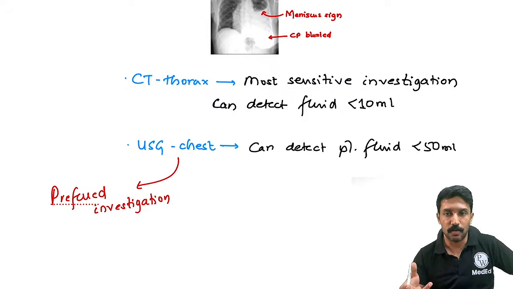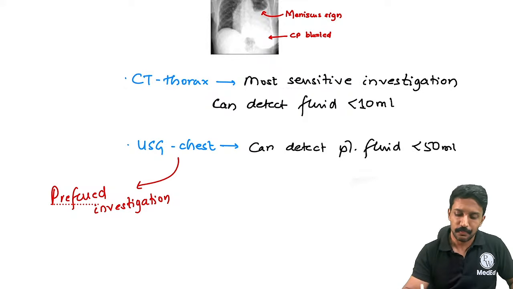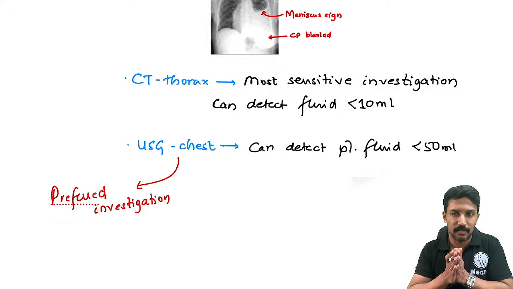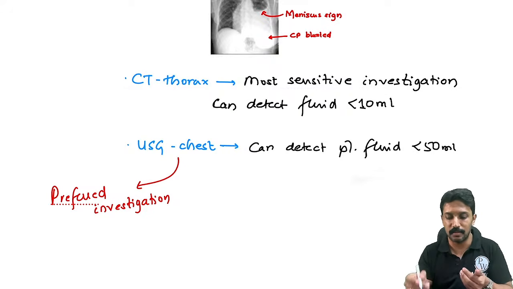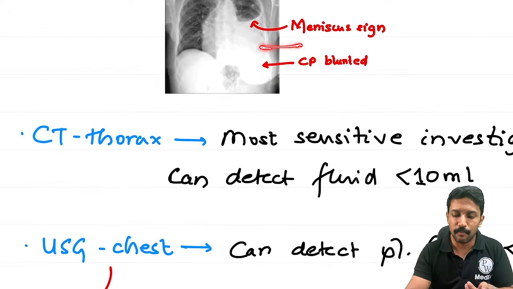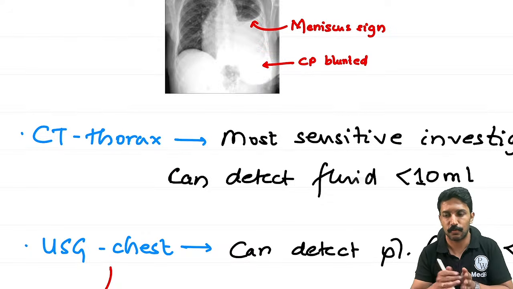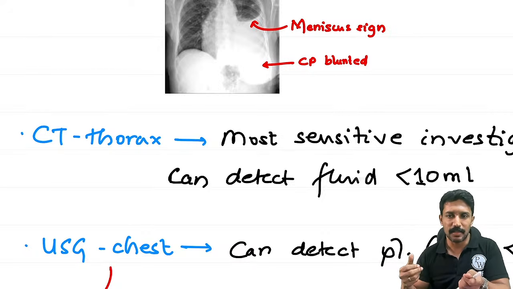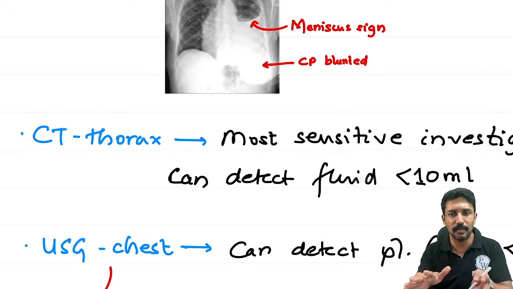There's an added advantage with the ultrasound. If I detect fluid and I want to aspirate the sample for analysis, then ultrasound guidance makes the procedure safer for the patient. I put a probe, identify the fluid, put a needle, tap the sample for analysis, in one sitting, done.